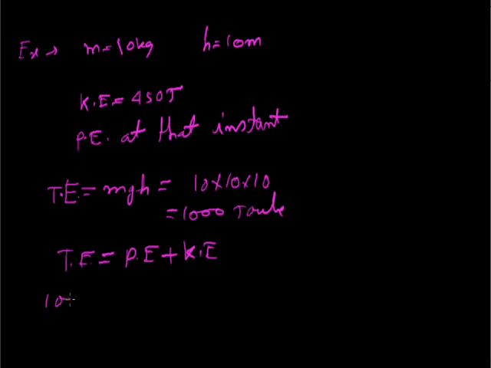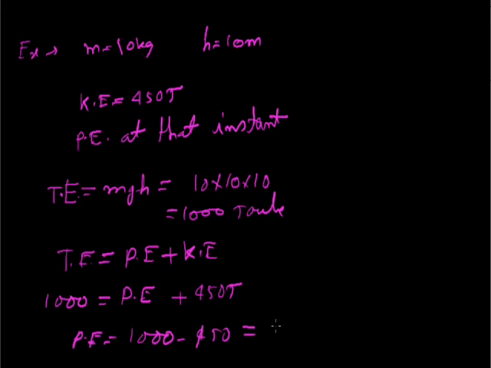So total energy is 1000 joule, and the kinetic energy at that instant is 450 joule. We have to find the potential energy. So potential energy will be equal to 1000 minus 450 joule, so we get 550 joule as your potential energy. Okay, so this is the example of the work energy theorem, and total energy is constant.